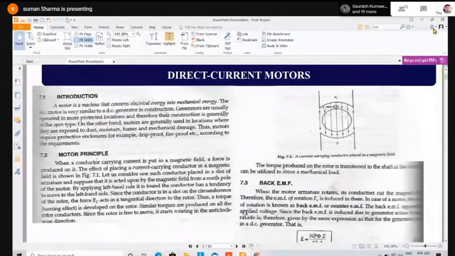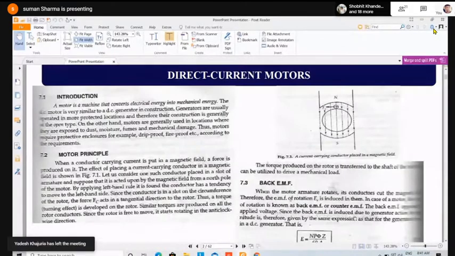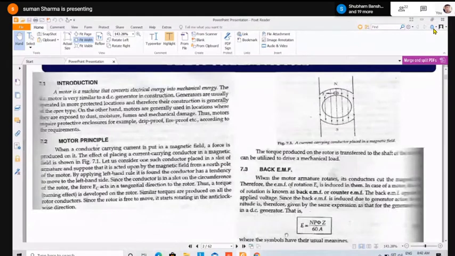It is proportional to applied voltage, and since back EMF is induced due to generator action and is the same in magnitude, it has the same expression as the DC generator. What is the expression? E = phi P N Z / 60A, where phi is the flux per pole, Z is the number of armature conductors, N is the speed of rotation in RPM, P is the number of poles, A is the number of parallel paths.